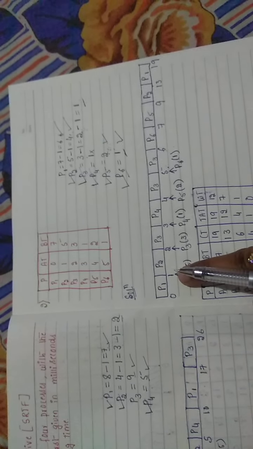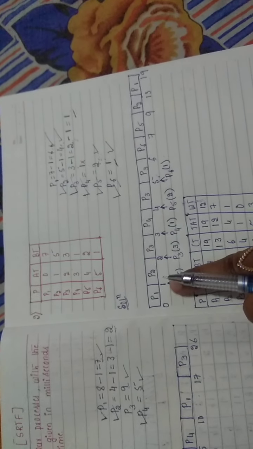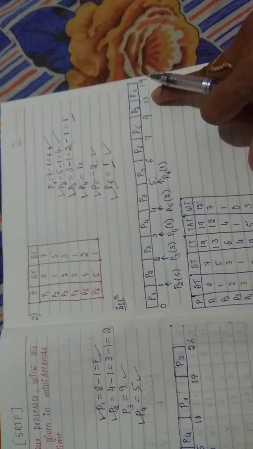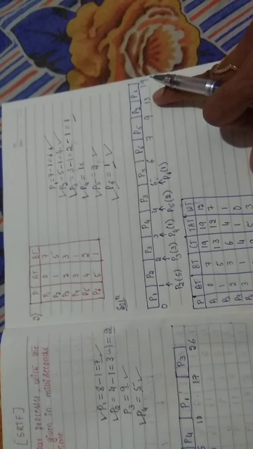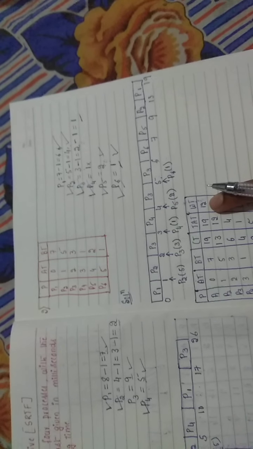He completed at 1 millisecond. From 1 millisecond, he was in the waiting queue, and then he got a chance at 13 milliseconds. So 13 minus 1, 12. So he waited up to 12 milliseconds, right? So that is what we got through the formula TAT minus BT.